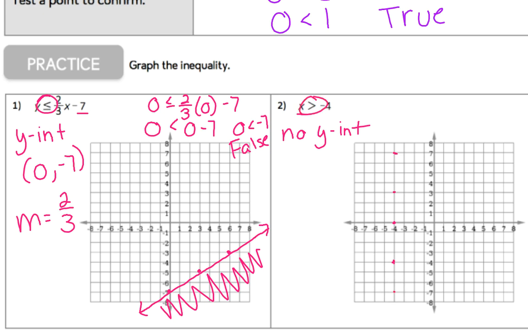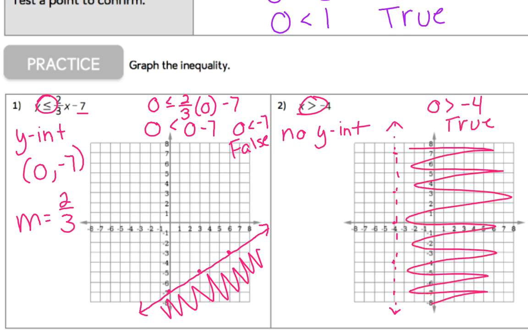It is just greater than, so I am going to do a dashed line through those points, going straight up and down. And then again, I can test the point 0, 0. 0 is greater than -4. That is true. So I'm going to shade towards 0, 0, which means I'm shading this side of the line.